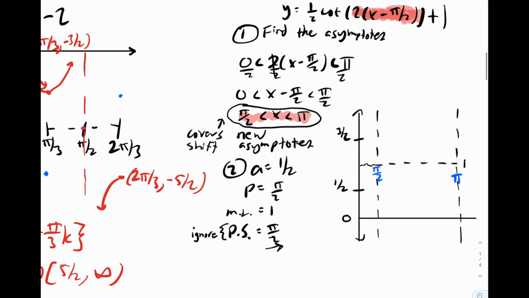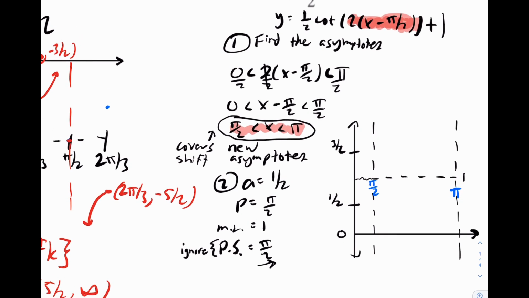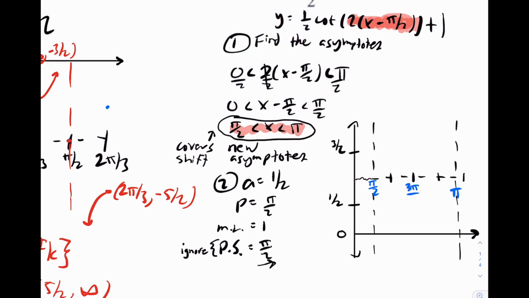Sorry, I gotta move this over a little bit. Okay, that's better. Our graph is coming together now. Let's label the midline. So you do gotta be pretty good at fractions. If you think about the middle of pi over 2 and pi, that should be 3 pi over 4.